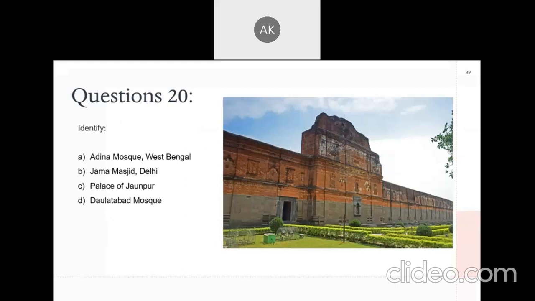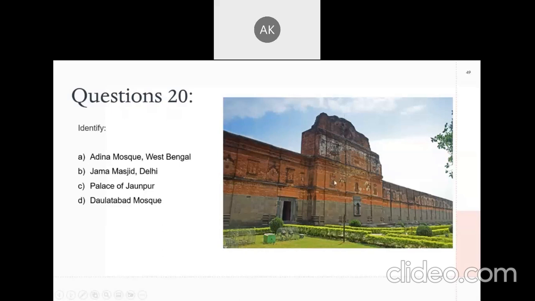The options are Adina Mosque in West Bengal, Jama Masjid in Delhi, Palace of Jaunpur, or Daulatabad Mosque. Sir, it's Adina Mosque because the base layer is stone and the above layer is brick. Correct.